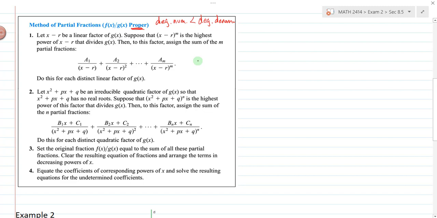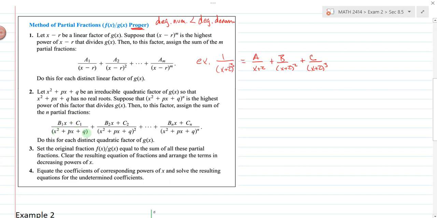So for example, if I had 1 over x plus 2 cubed, I would expand that into a over x plus 2 plus b over x plus 2 squared plus c over x plus 2 cubed. For each power, whatever the degree is or the multiplicity of that factor, you're going to have to expand all the way up from the first degree, second degree to the third degree.